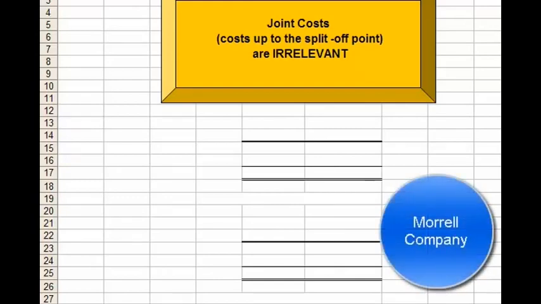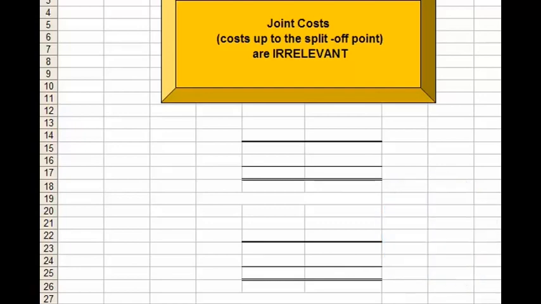Morel Company is trying to decide whether or not they should sell the Marifalon right now in its current state, or whether they should continue processing it into a different product that it can sell for more money. This is a very simple example of a type of problem called sell now or process further.